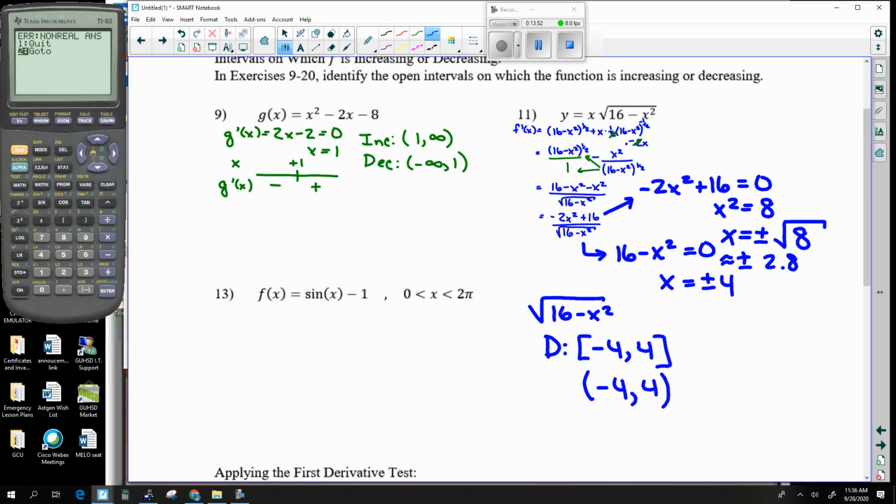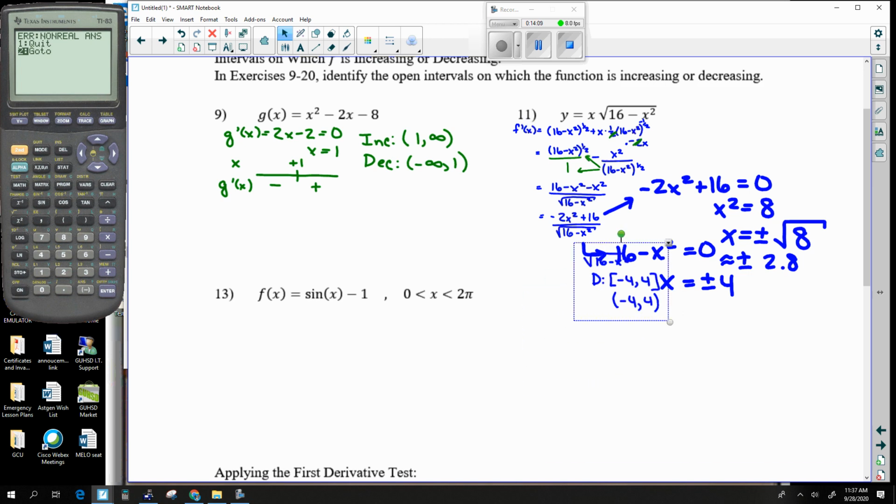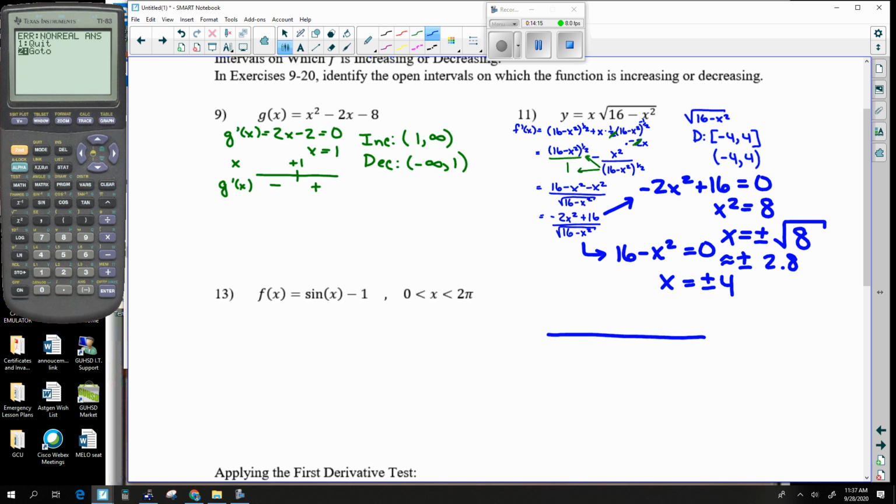There is no graph outside of negative 4 and 4, so this has a restricted domain, and I'll show you how to handle that. Even though plus and minus 4 are critical values, they can't be equal to negative 4 and 4. So my number line goes from negative 4 to 4.